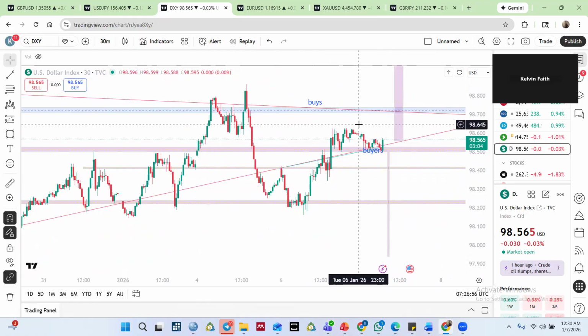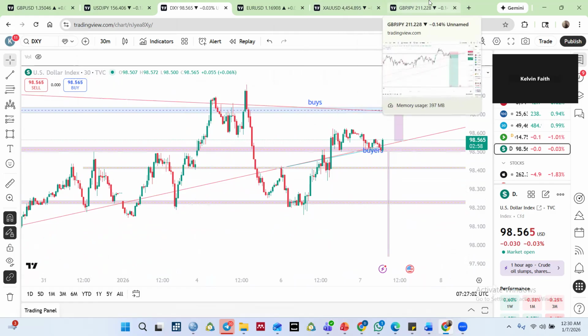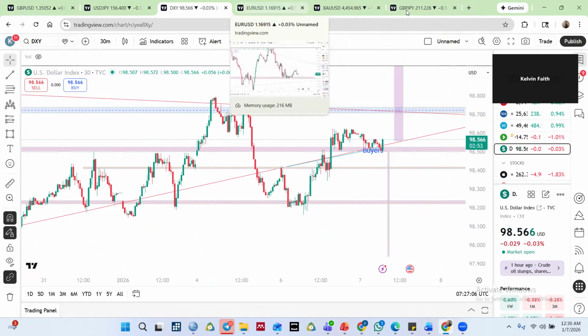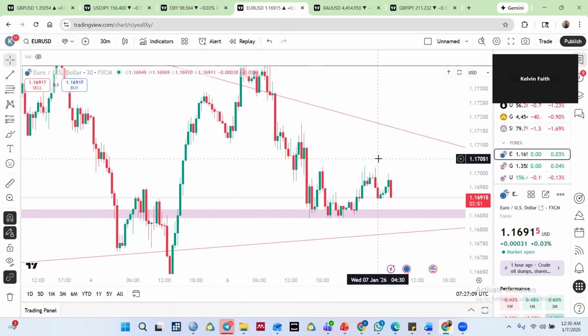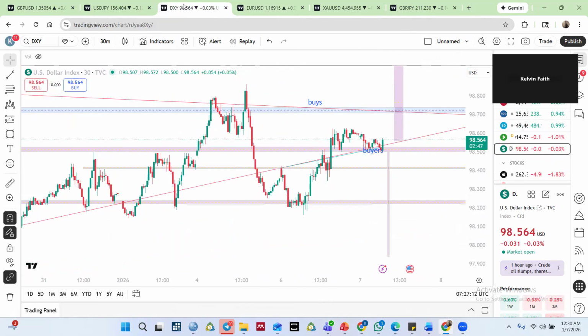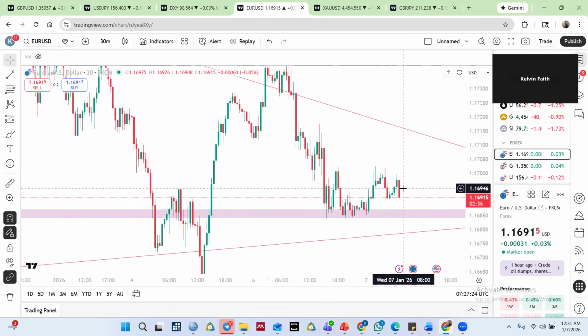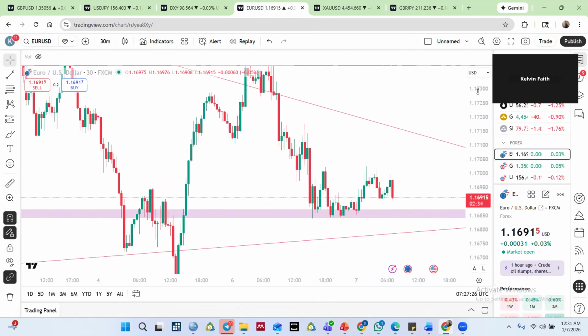So this same analysis, I'm going to flip it on Euro USD. So right now, where is Euro USD? Good, Euro USD is here. So you see, as the DXY is giving us a 30-minute push up, we can see that the Euro USD is also giving us a 30-minute push to the downside.